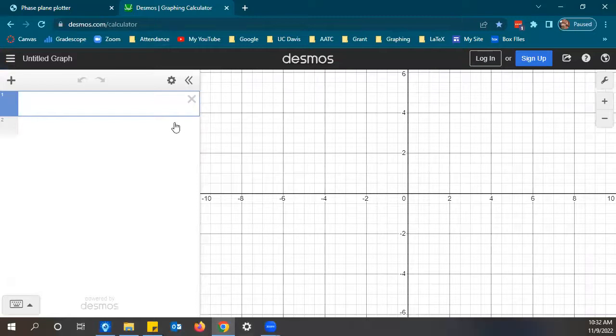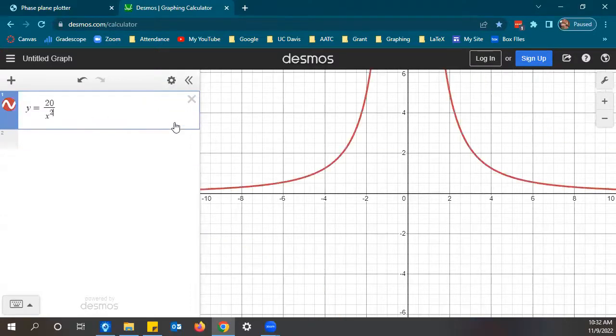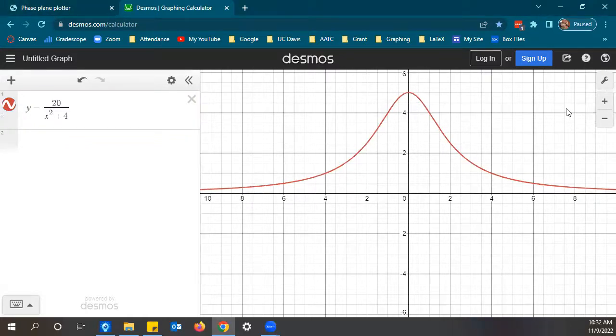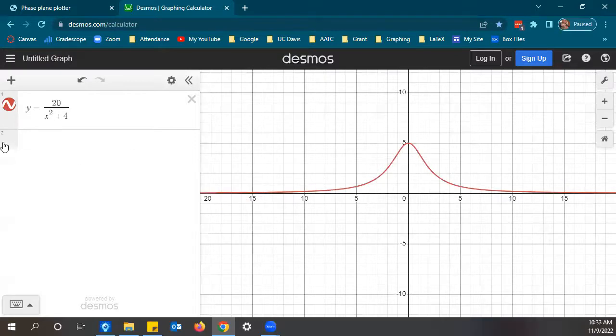So we can totally graph the original function, y equal to 20 over x squared plus 4. Cool, looks great. And then it's really easy to invert functions using Desmos without actually finding the inverse, by literally just switching x and y.